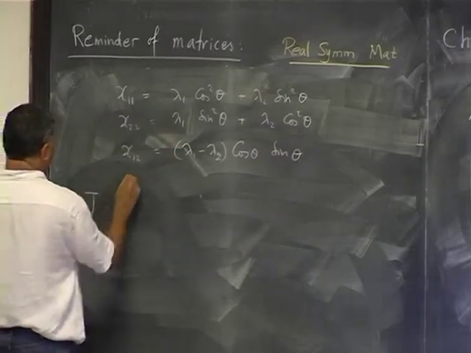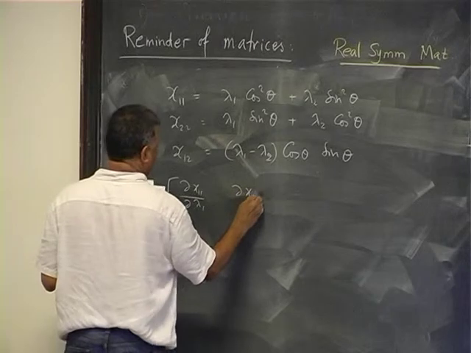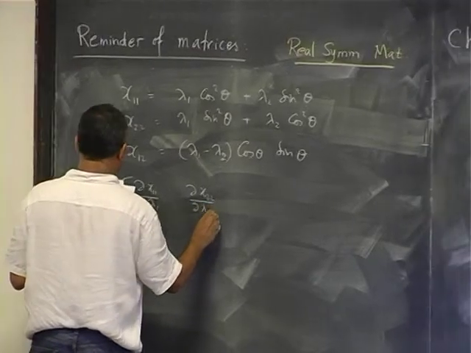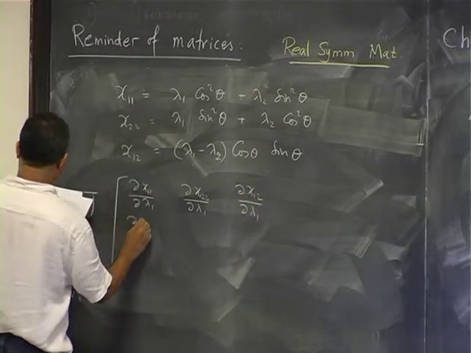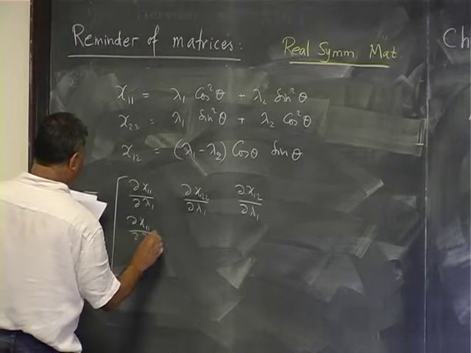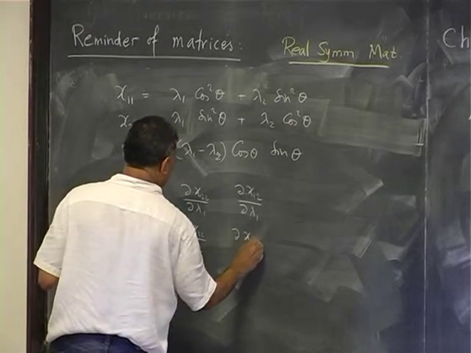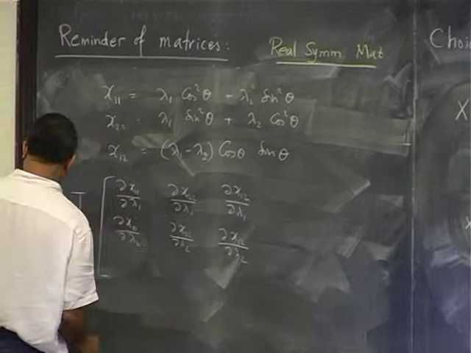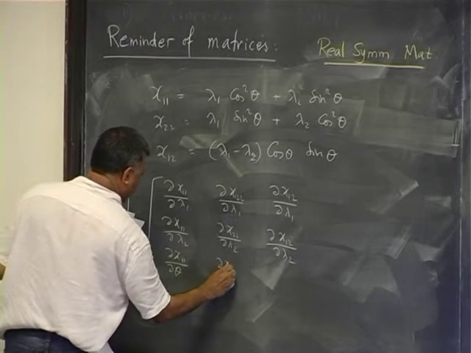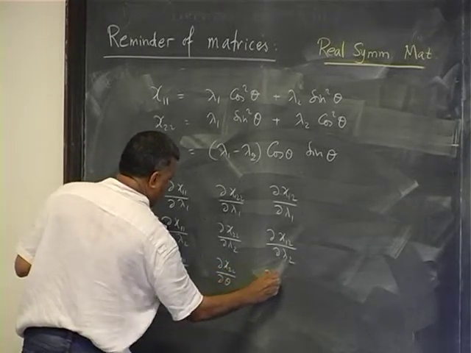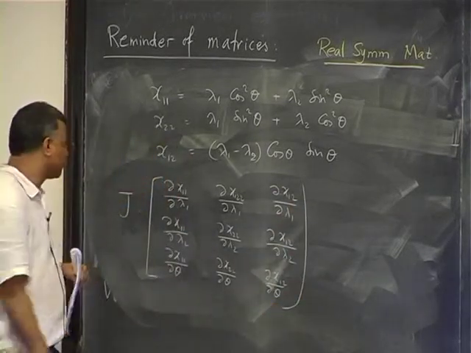So the Jacobian, same thing, you write down del x11 del lambda 1, del x22 del lambda 1, del x12 del lambda 1, then del x11 del lambda 2, del x22 del lambda 2, del x12 del lambda 2, and finally the third element is del x11 del theta, del x22 del theta, del x12 del theta. Agreed? So that's the Jacobian.